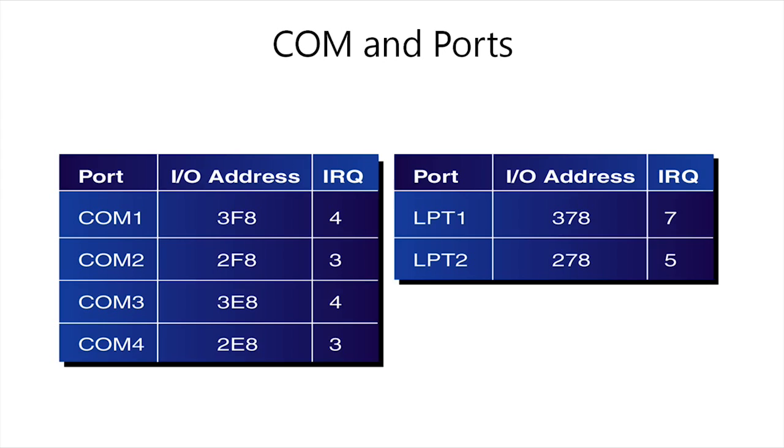So you had 4 COM ports. You could only use 2 at a time. Why could you only use 2 serial ports at the same time? Because you only had 2 interrupts available, 3 and 4, that's it. So even though you could have 4 ports on the computer, only 2 things could be hooked up at the same time. Otherwise, you're confusing the CPU.